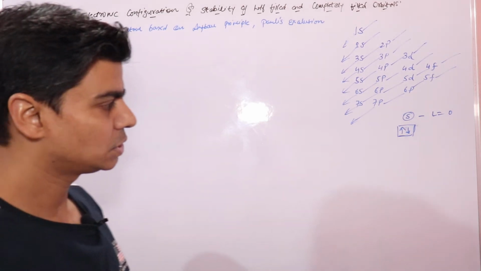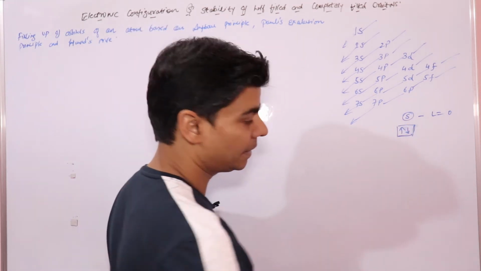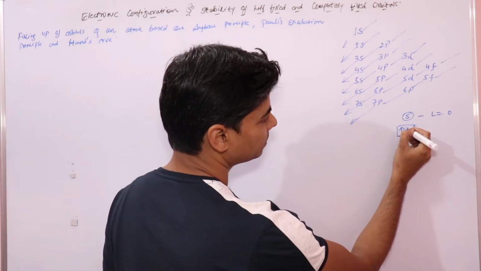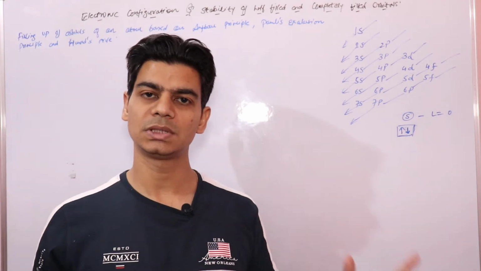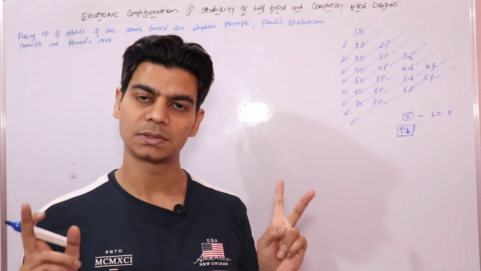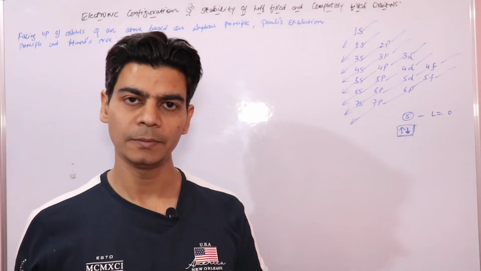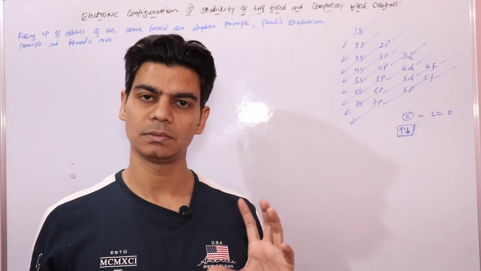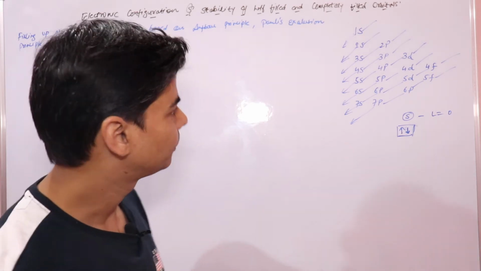Pauli's exclusion principle said that when you fill electrons in an orbital, they should have opposite spins, because no two electrons in an orbital can have the set of 4 quantum numbers the same. The spin quantum number will always be different, and these two electrons will have opposite spins. That is, one is spinning in the anti-clockwise direction, the other is spinning in the clockwise direction.